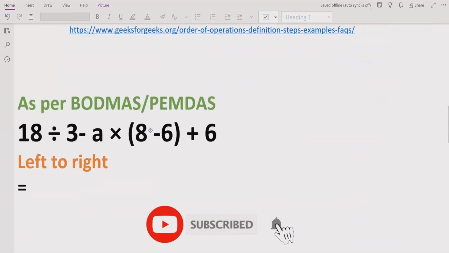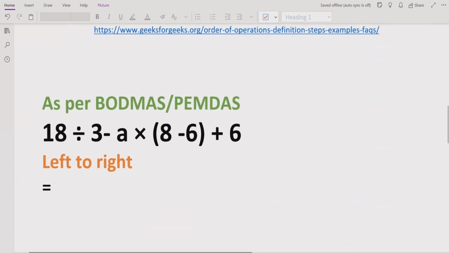So now let's start the topic: how we can solve this given expression using the PEMDAS and BODMAS method. If you see on the screen, according to the PEMDAS and BODMAS method, you have to solve the bracket first.